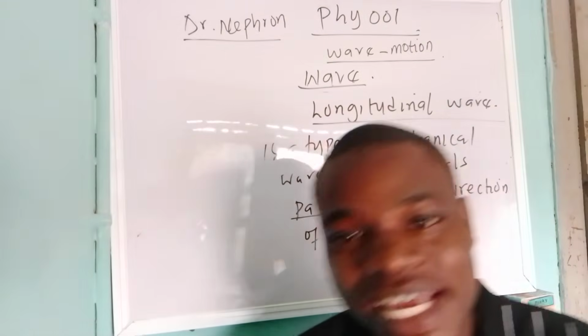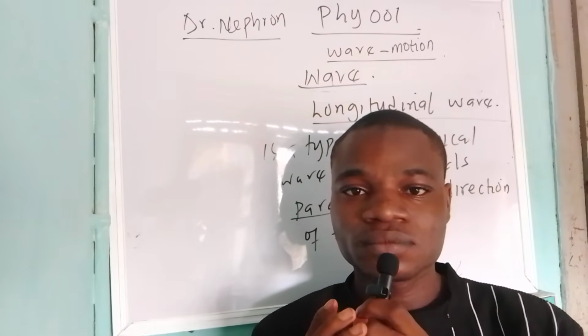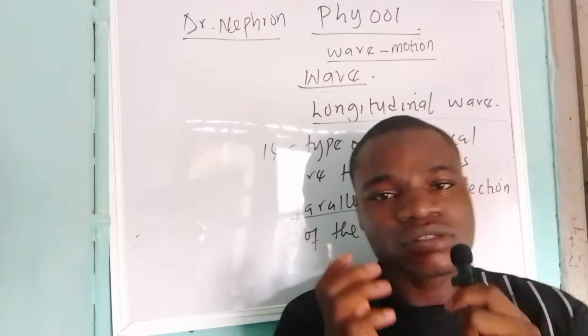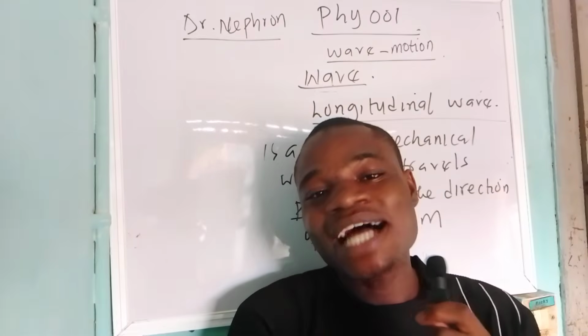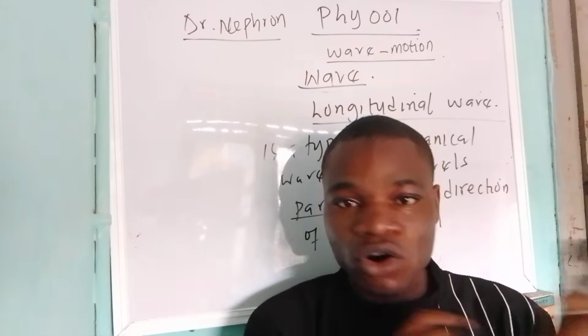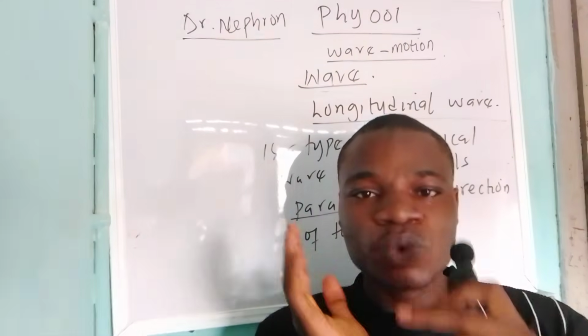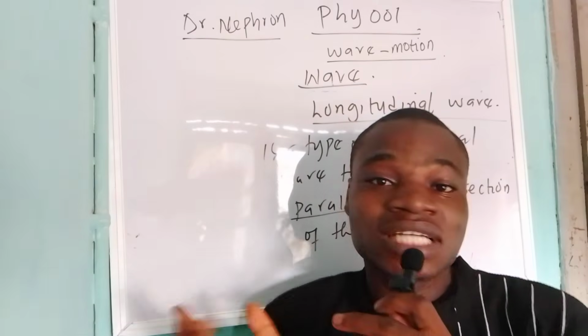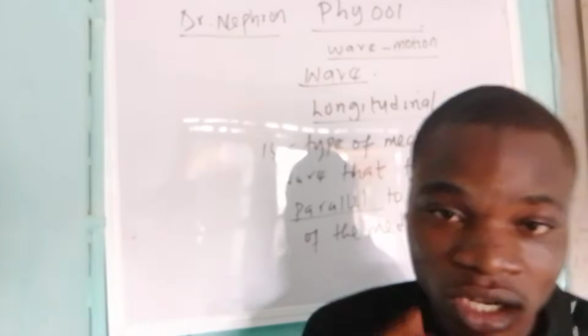I said earlier that there are some key points that you have to know. Do you get it now? When you are defining a particular definition, there are some key points that you have to put, that even if you don't put them, you are wrong. Mechanical wave is divided into two, the longitudinal and the transverse wave.